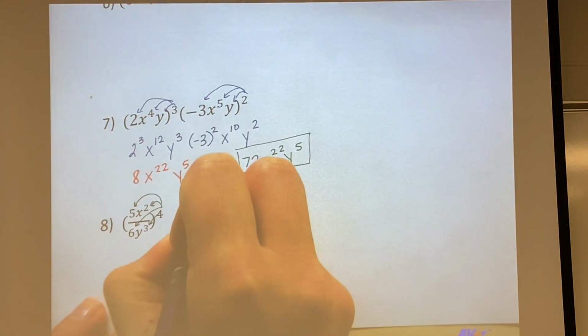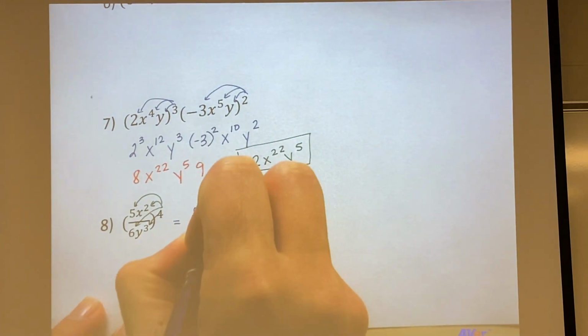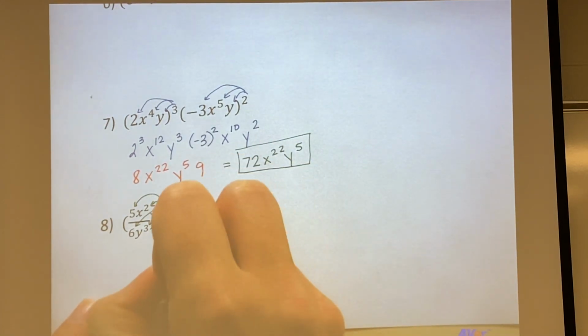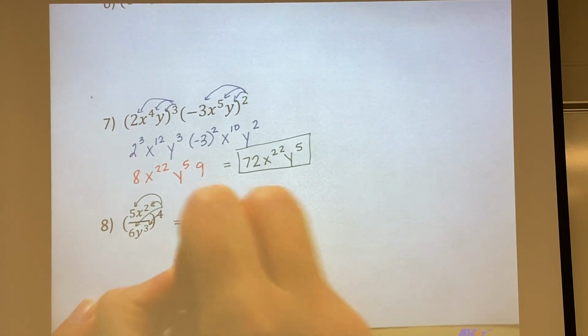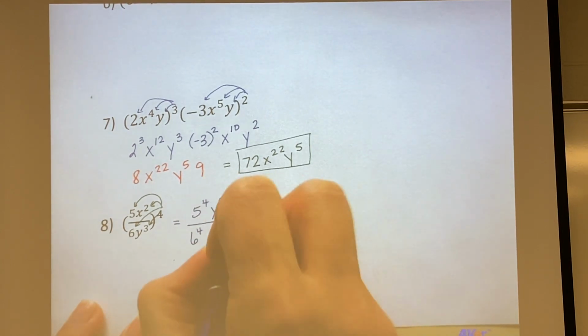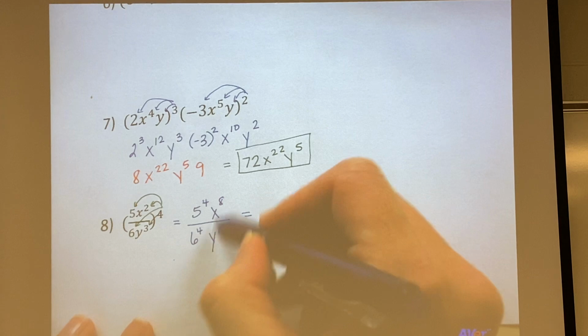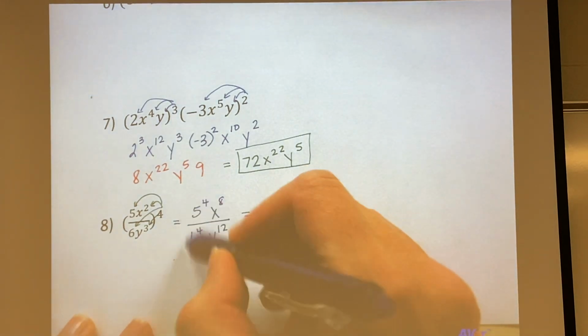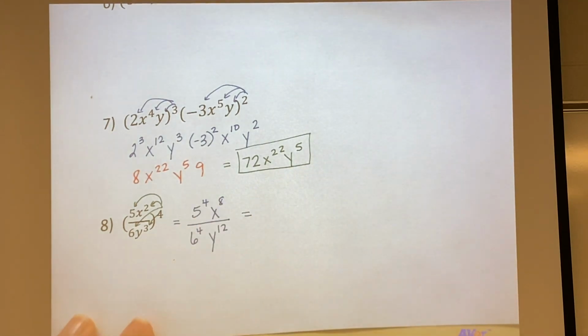So we have 5 to the 4th, x to the 8th, over 6 to the 4th, y to the 12th. Now, we can't simplify our variables because they're different, but we can simplify these coefficients. We can find out what 5 to the 4th is.